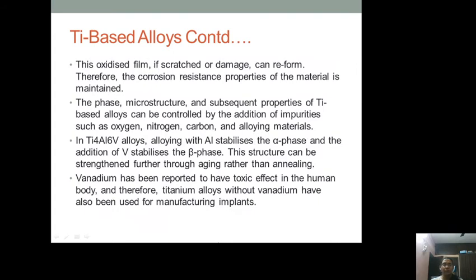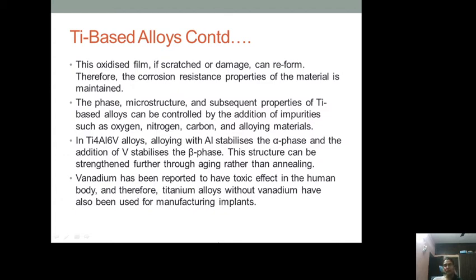Now, like I said, when the oxidized film is scratched or damaged, it can reform, and therefore the corrosion resistance property of the material is maintained. Why do you add aluminium to Ti6Al4V? It is to stabilize the alpha phase, and vanadium stabilizes the beta phase.